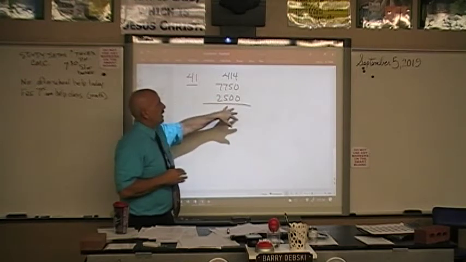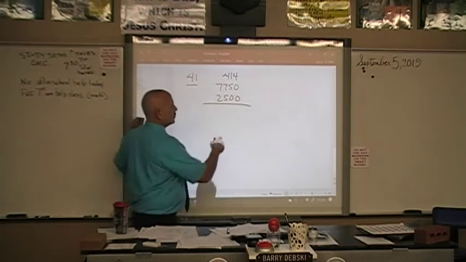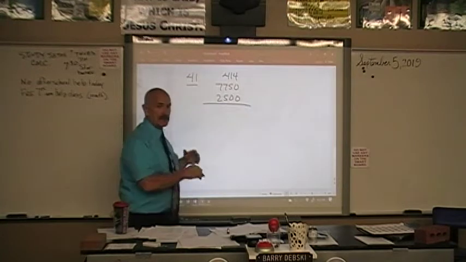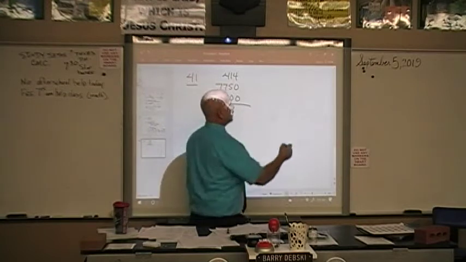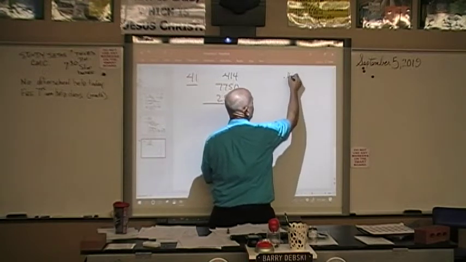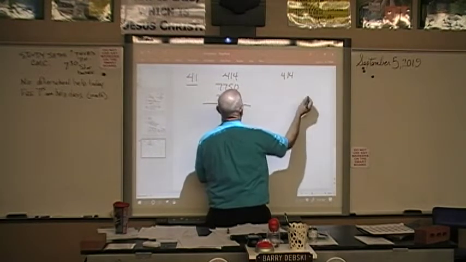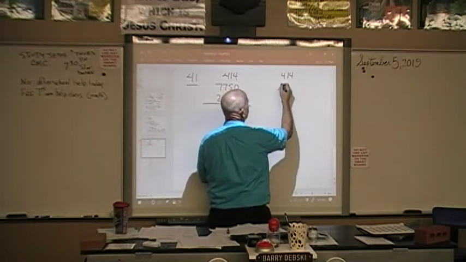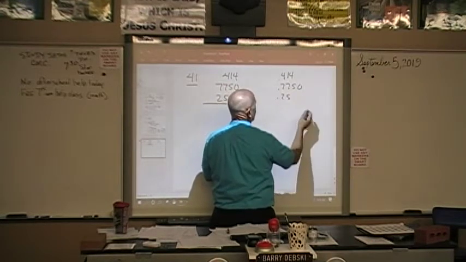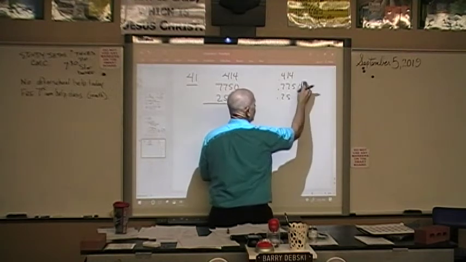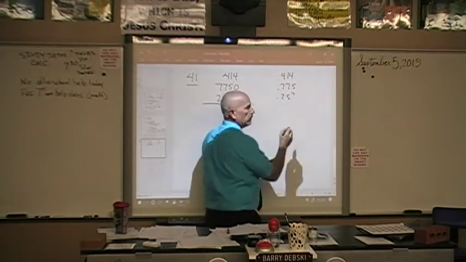So in this case, where I have big numbers, I'm going to treat these zeros, since they are placeholders, as unknowns. Kind of like when we had the decimals. If I called this 0.414, and if I had 0.7750, and if I had 0.25 or whatever, remember how I put the little question marks in here, right?